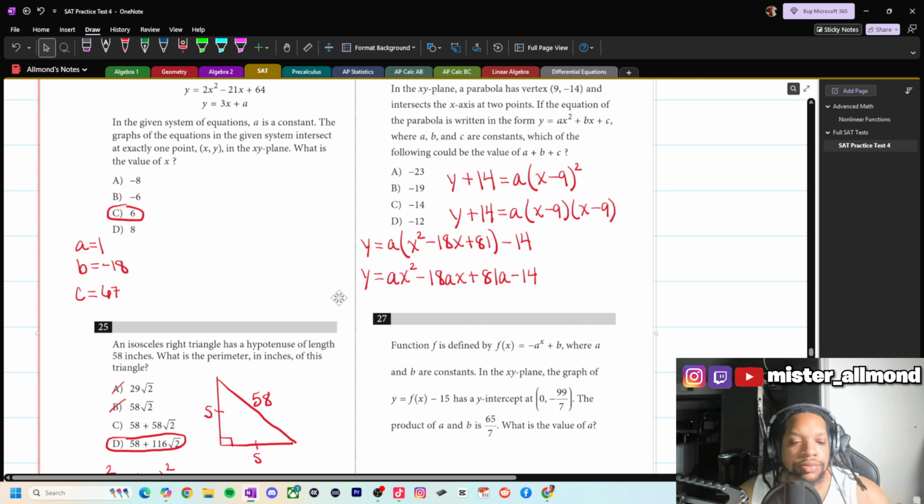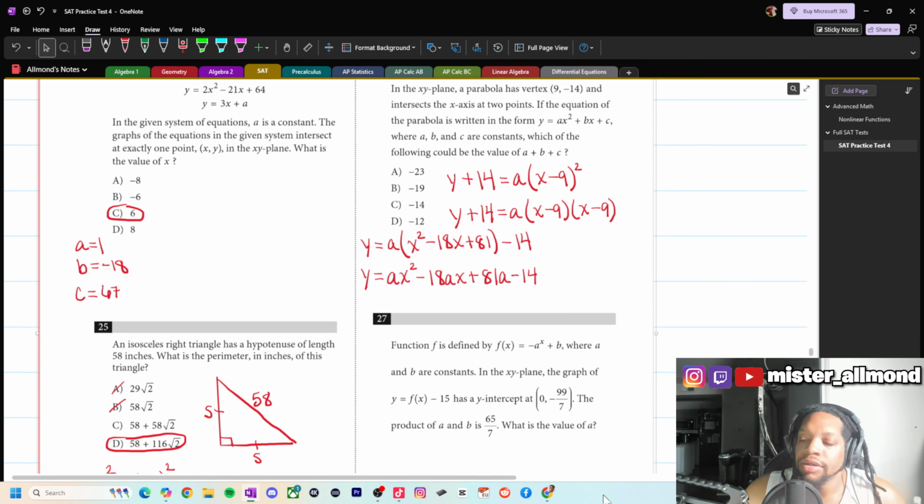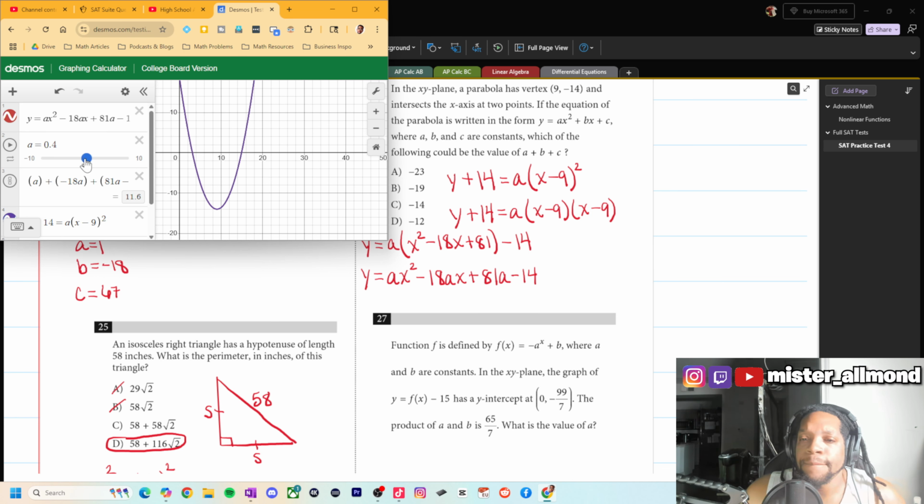Yeah, that one's weird. I low-key want to come back because it's like as you have a whole bunch of values of A, your sum of A plus B plus C just gets bigger and bigger and bigger.